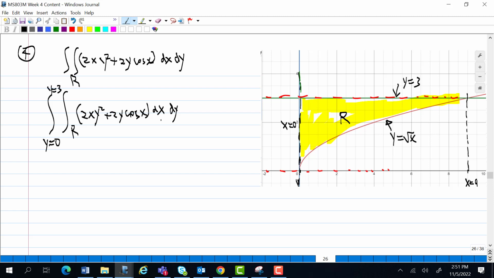So fix this y equal to 0 on the horizontal line, and then go all the way to y equal to 3. So it's bounded by two horizontal lines, y equal to 0 to y equal to 3, to cover the whole yellow region. So you find the upper limit first, the outer limit first.